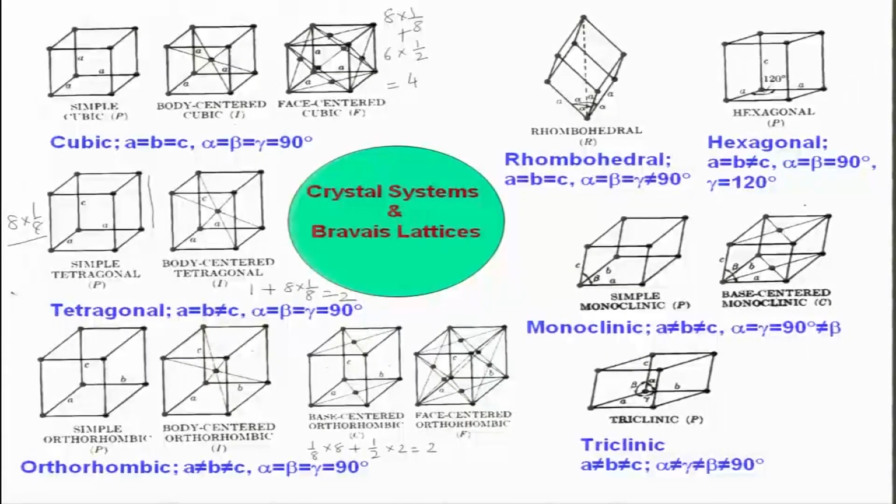The third and the last one is triclinic, where again only a primitive option is possible. So, you can see that there are various non-primitive lattices which can be built, but only in a few systems: in cubic, in tetragonal, in orthorhombic, and in monoclinic.